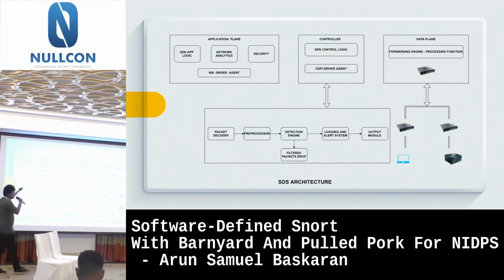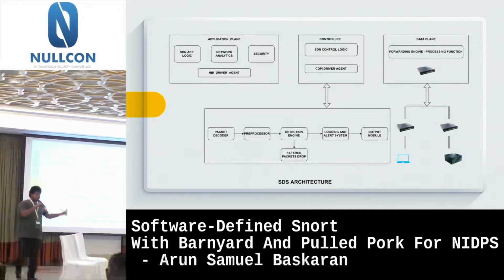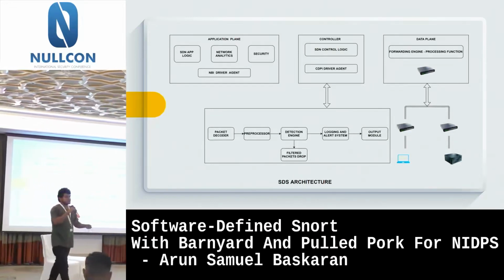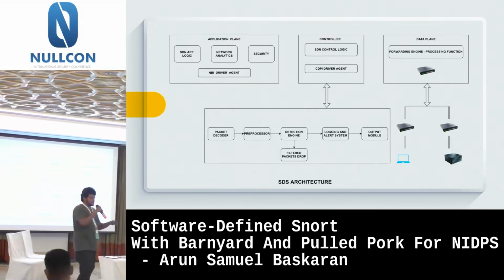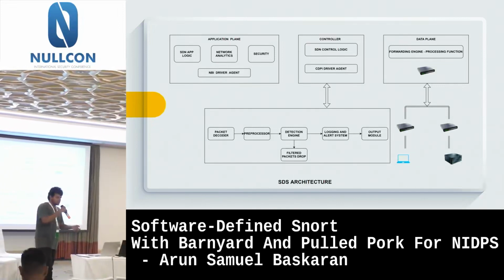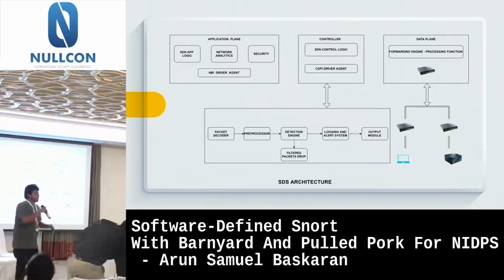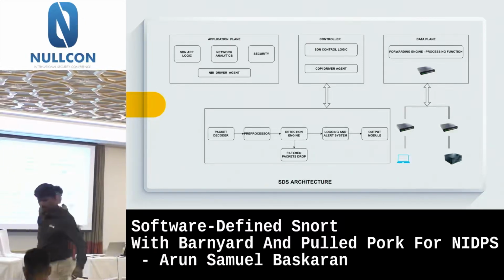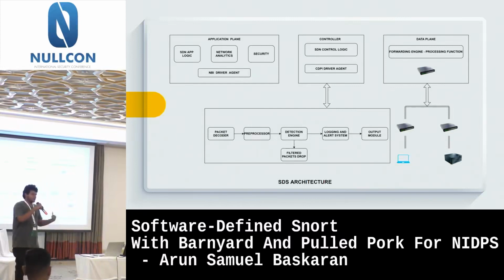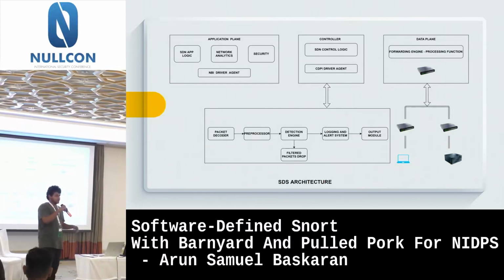Starting from the application plane, this holds the application logic of what we are about to do, and the network analytics. Network analytics can monitor real-time network traffic within the flows, along with the typical security measures integrated in the application plane.